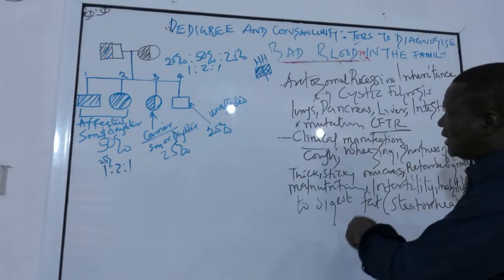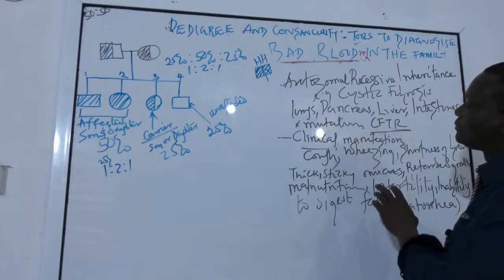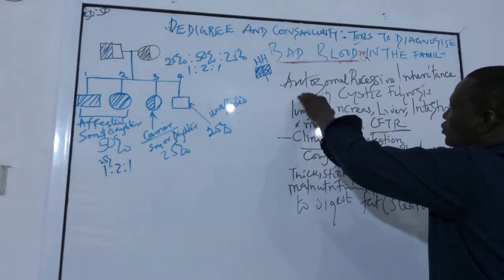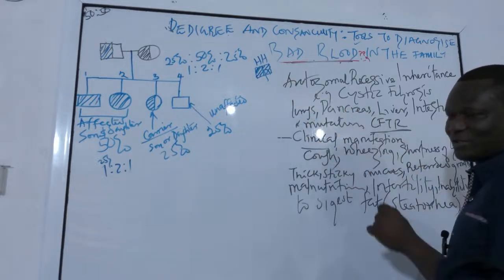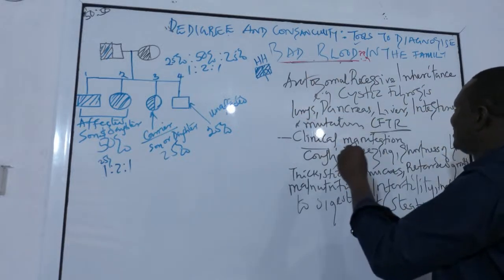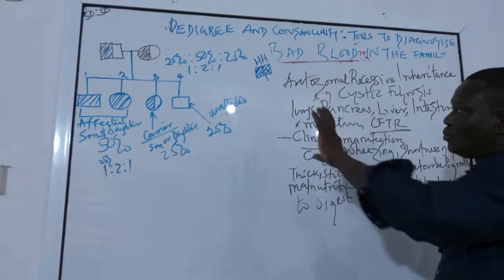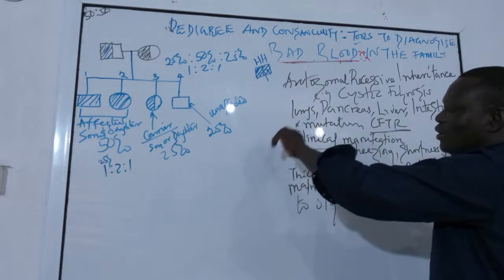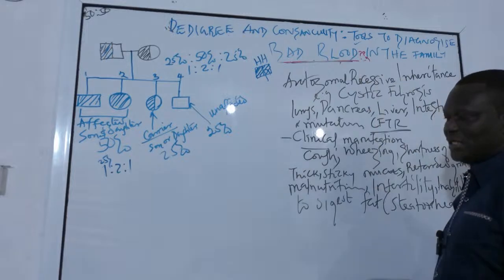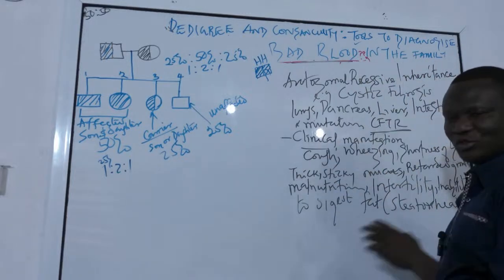Don't forget that because it is not X-linked, it is not with respect to the sex chromosome. That's why they call it autosomal dominant inheritance. If any of the parents is affected, it will be totally affected.